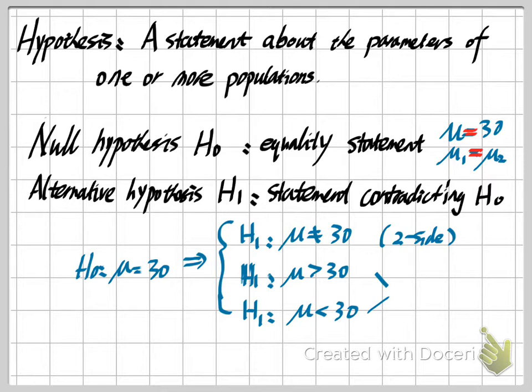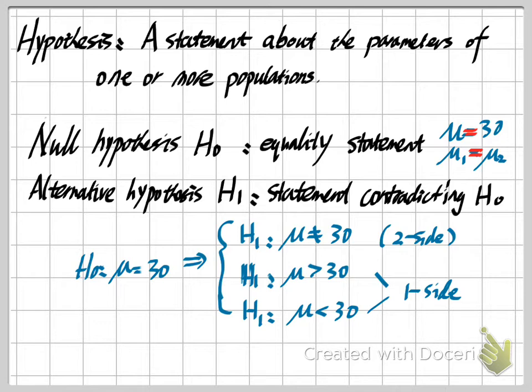However, for the second and third, strictly larger than 30 or strictly smaller than 30, both are a one-side contradiction. So these are two very important cases of hypothesis testing: one is a two-side test and the other is a one-side test. If you already looked at my video about the confidence interval, we also have two sides and one side for the confidence interval. So the idea here is similar.